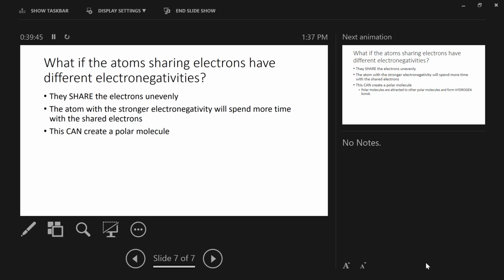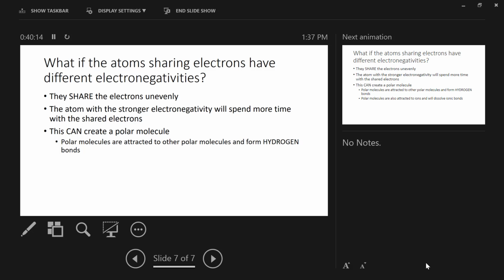And the atom that's getting less time with those electrons is on the positive pole. And so polar molecules become attracted to other polar molecules and form what are called hydrogen bonds.